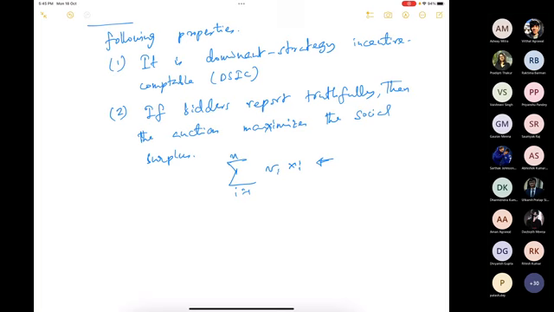For example, the government is auctioning some natural resource, say spectrum, among n potential buyers, and the goal of the government is to allocate that spectrum to the player who values this object most.